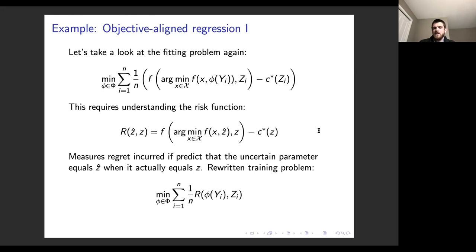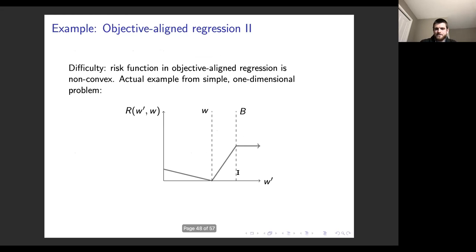So this expression is like the difference between what you achieve with the prediction z hat versus the best value that you could have done if you had known the true value. So this fitting problem is really just minimizing, over these policies, the average of this risk function with the prediction from your model plugged into the risk function.